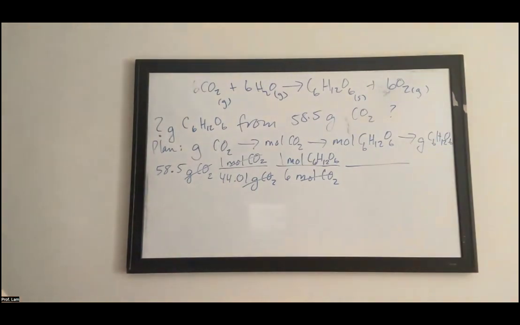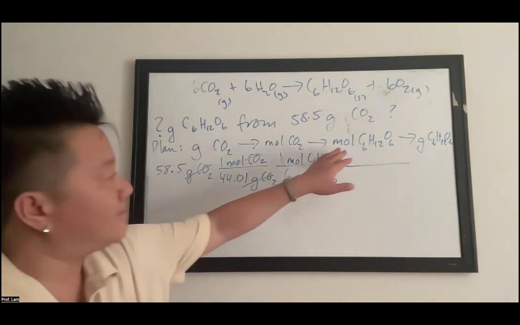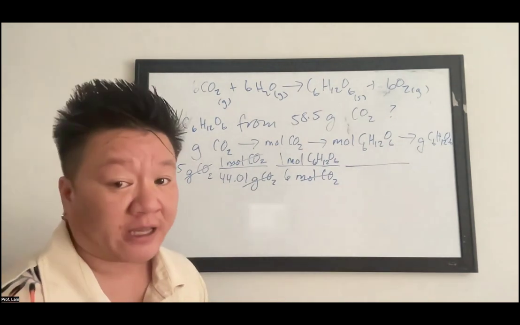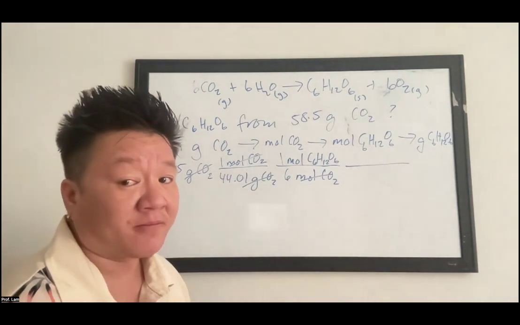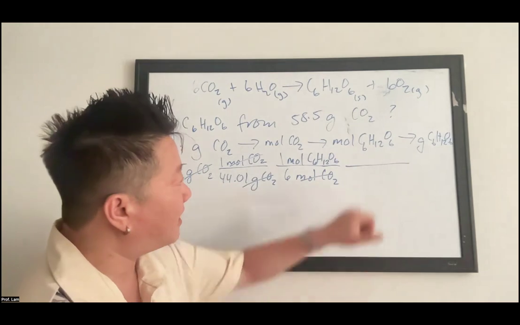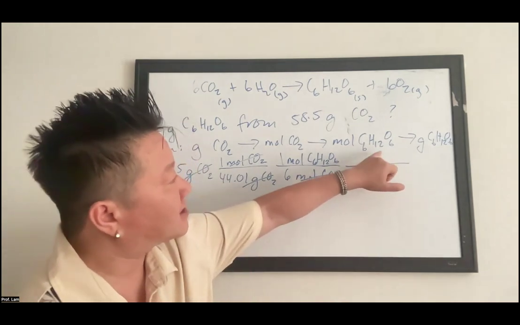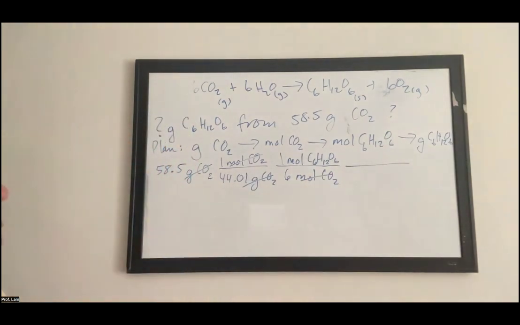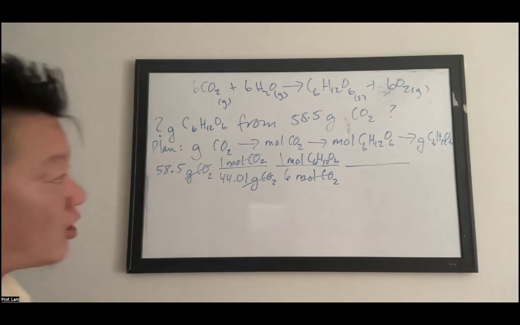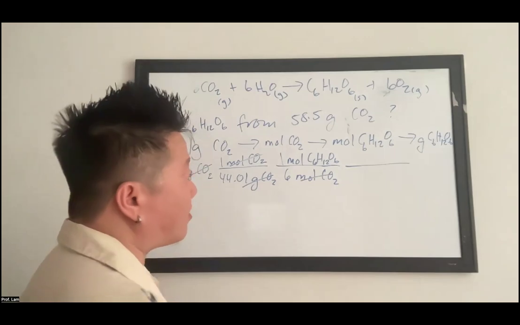Okay, and the next step, we need to get from moles of glucose to grams. So again, we need a molar mass, but this time we need the molar mass of glucose, right? Quite big, six carbons, 12 hydrogens, 6 oxygens. Let's calculate that. Get my calculator. Okay, so it's 180.16 grams per mole.